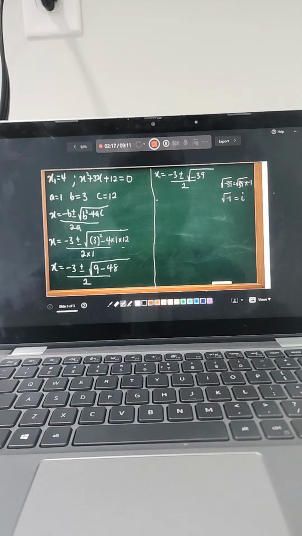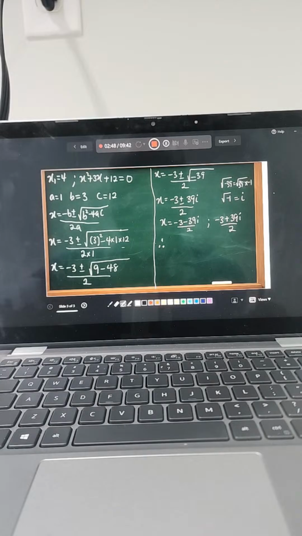So here I'm going to have x equals negative 3 plus or minus the square root of 39 i, this is a complex number, all over 2. You can say x equals negative 3 minus root 39 i over 2, or you can say negative 3 plus root 39 i over 2.